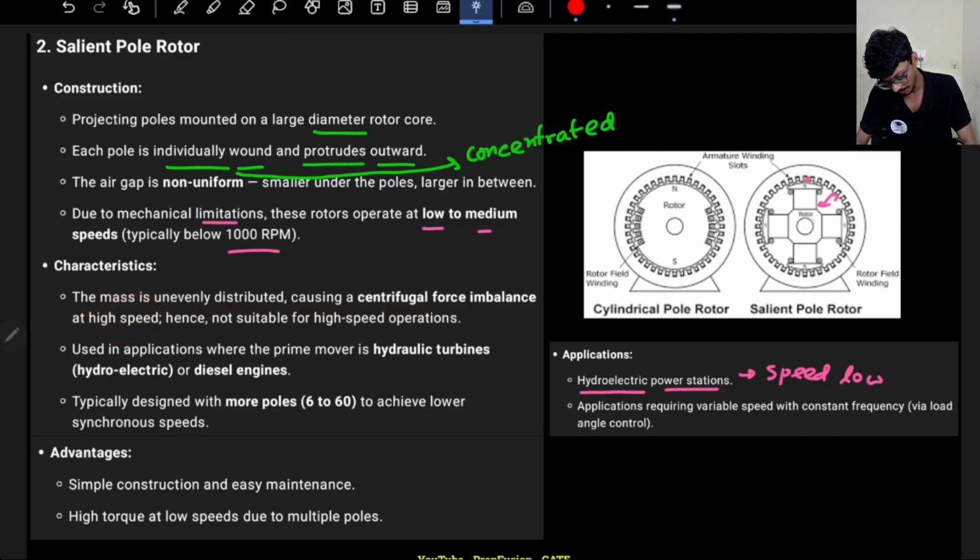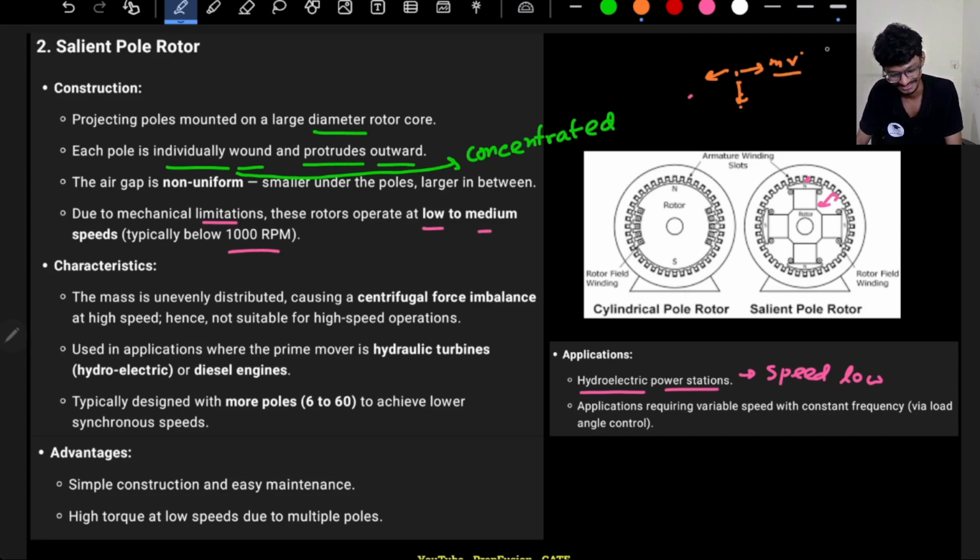So what is the problem? In the cylindrical rotor the mass is uniformly distributed, so the torque required will be uniform and constant. But here, as the mass is non-uniformly distributed, there will be a centrifugal force. If a particle is rotating in this direction, it will have a centripetal force and a centrifugal force. If you remember the formula, mv squared by r or something like that, I've also forgotten.